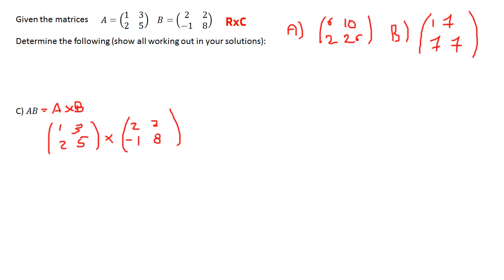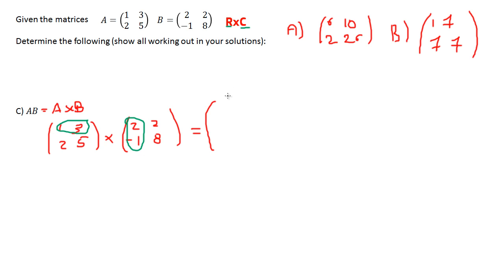Okay, to do this, we're going to have to do row times column. And this is how it works. So we do 1 times 2, which is 2, plus 3 times minus 1, which is minus 3.